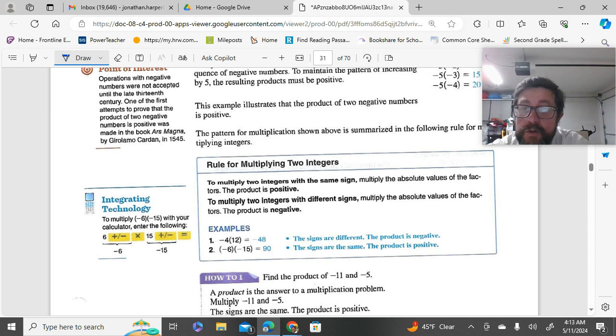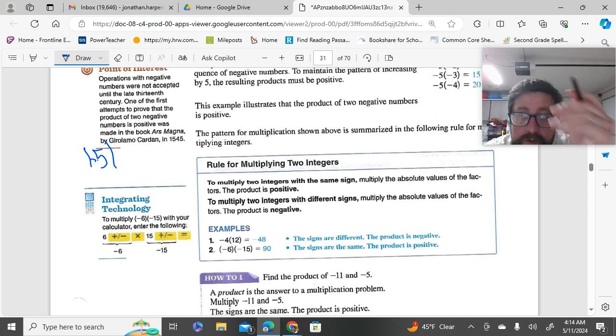Multiply two integers with the same sign. Multiply the absolute value, which, remember, if you have 5 with two signs on it, whether negative or positive, it's going to be a positive number because all it's saying is you're moving 5 places from 0.